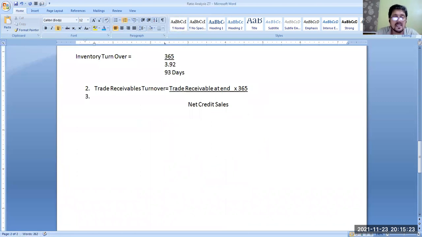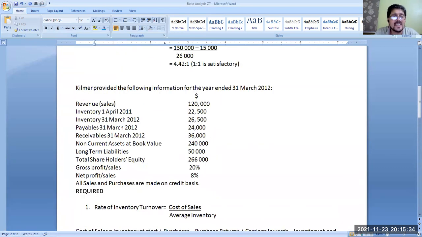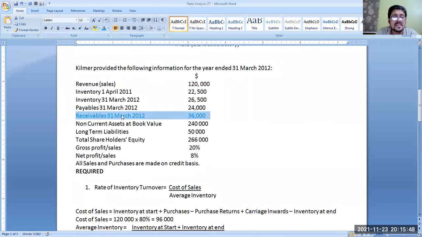Now how to calculate trade receivable turnover? Trade receivable at the end of the year is 36,000. And the total sales is also net credit sales because we don't deal in cash sales.